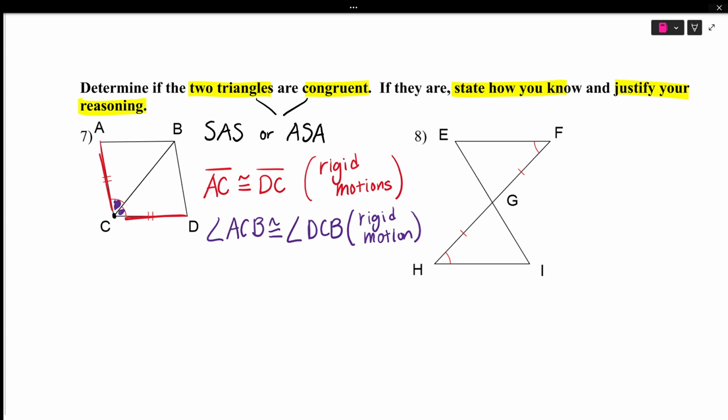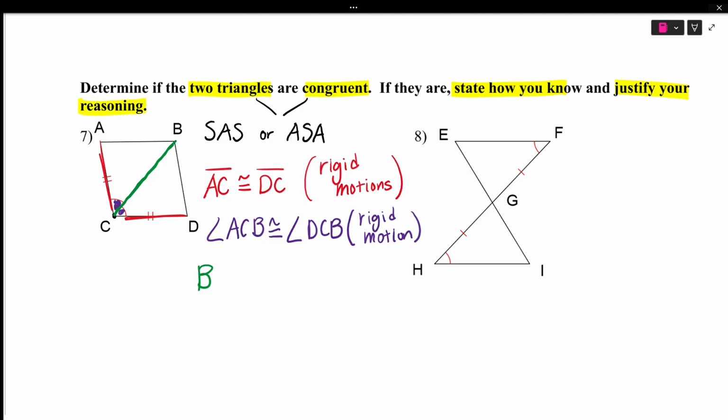So I have a pair of sides, and then I have a pair of angles. So I just need one more thing. I'm looking at this picture, and what's that last thing? I notice I see this side. Both of the triangles are using this side in the middle, so that means it has to be congruent to itself.